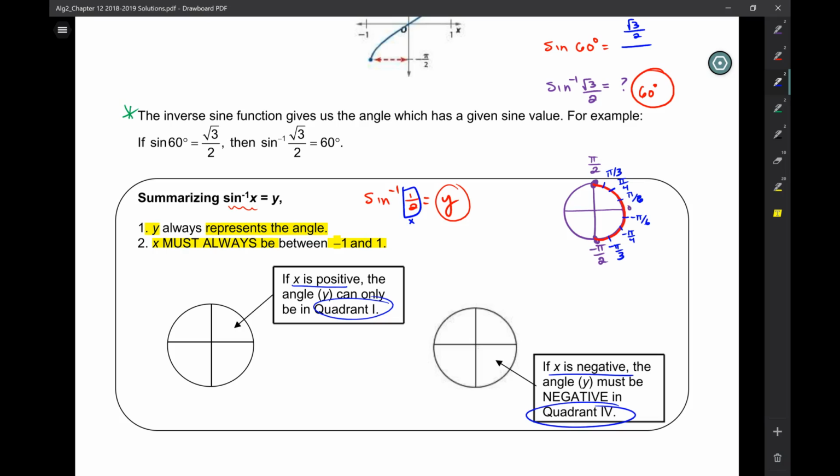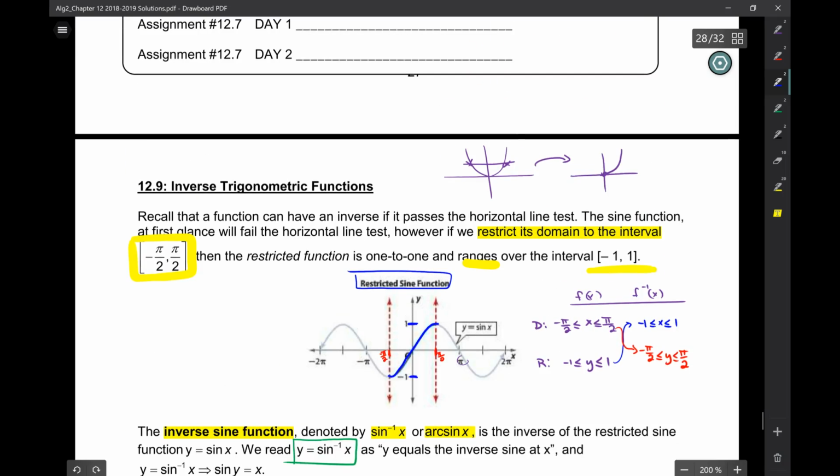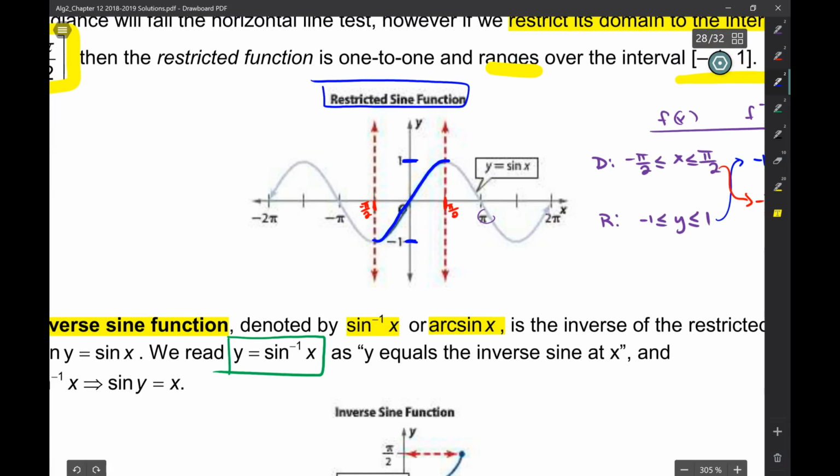No, because even though 7 pi over 4 is in quadrant 4, it's not one of these angles. If you look at it here, this is pi, this is 2 pi, and 7 pi over 4 is here. That's not in your restricted domain, so it can't be an answer.